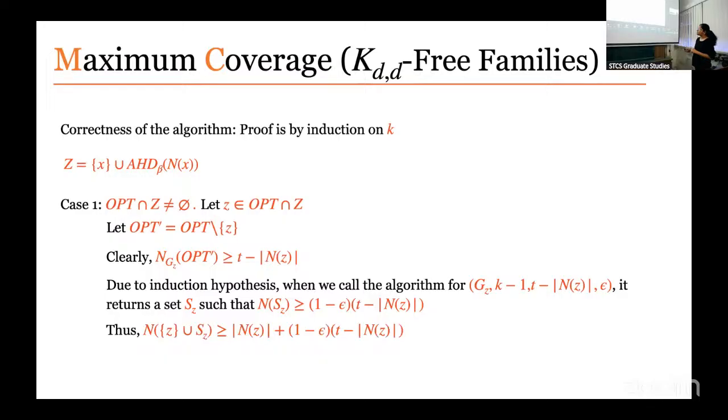Now if I add back Z, I have this simple inequality, and you solve it, you get 1 minus epsilon t. So if opt has something from Z, we know that we can achieve 1 minus epsilon fraction of t.